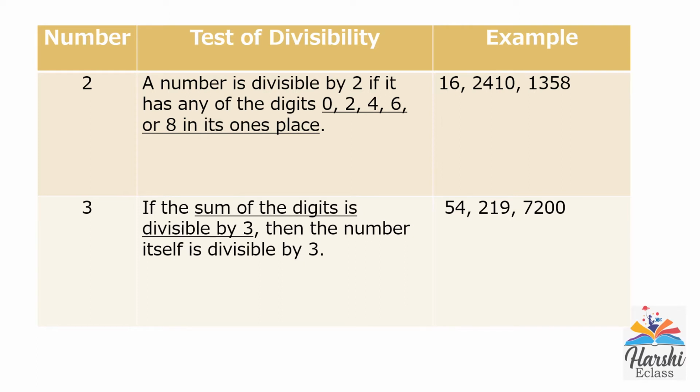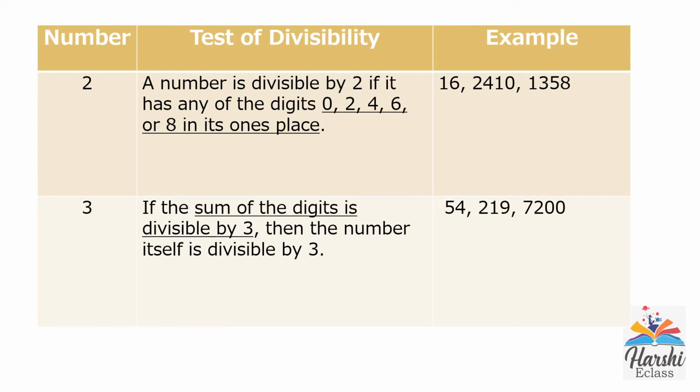First number is 2. You know that every number is divisible by number 1 completely without leaving any remainder. So I am not mentioning number 1 here, starting from number 2. Test of divisibility is that a number is divisible by 2 if it has any of the digits 0, 2, 4, 6 or 8 in its ones place.